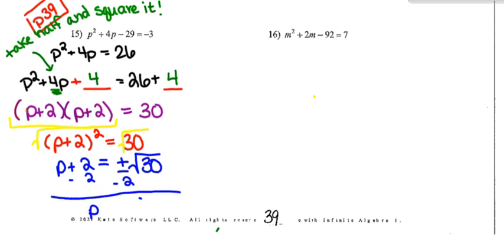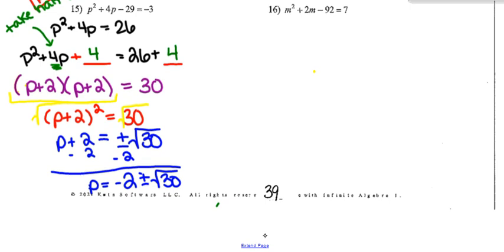And that'll get me to my final answer, which is -2 plus or minus the square root of 30. So what that tells me is that one of my answers here is -2 plus the square root of 30, and the other of my answers is -2 minus the square root of 30.